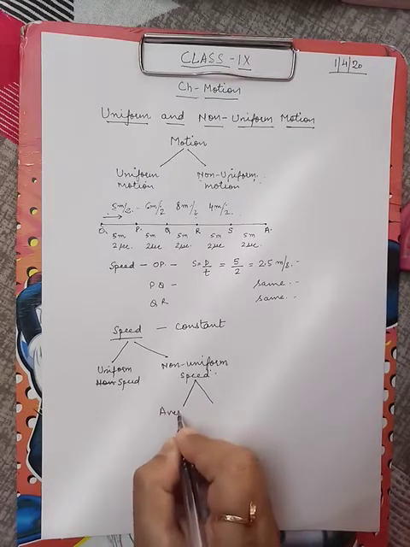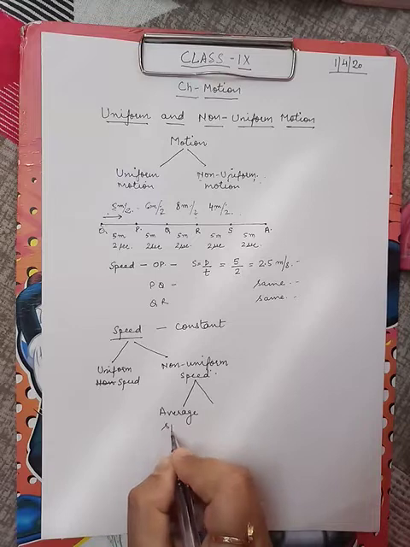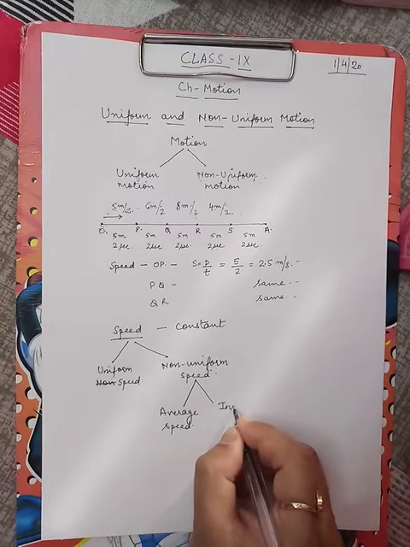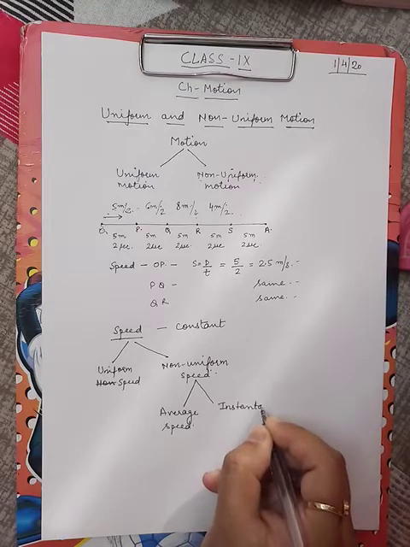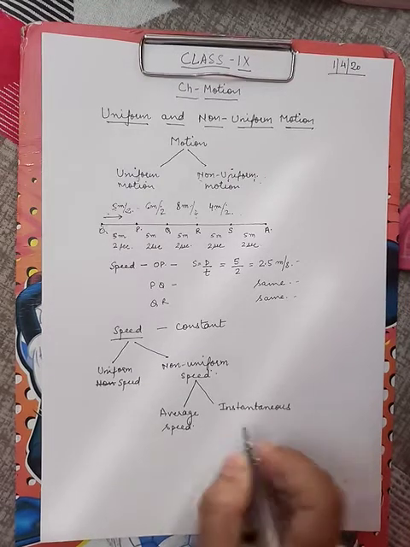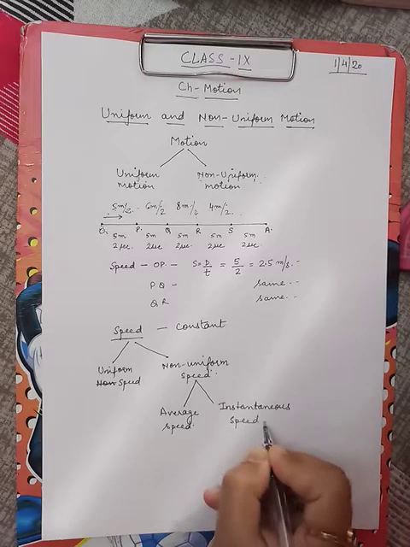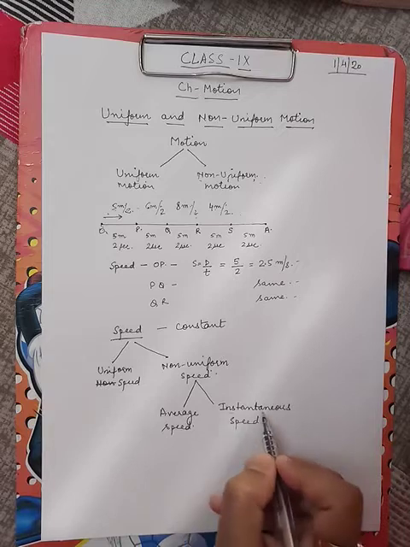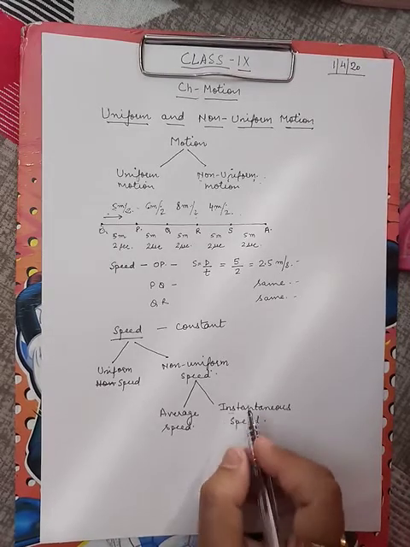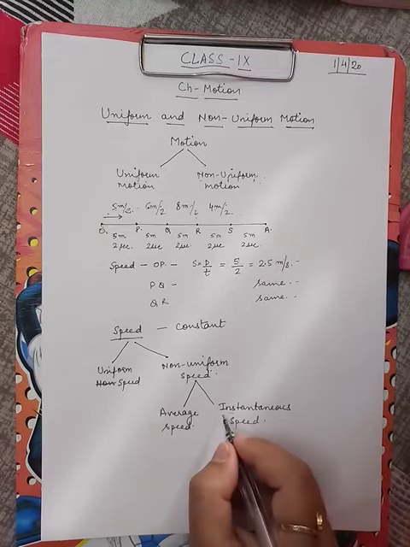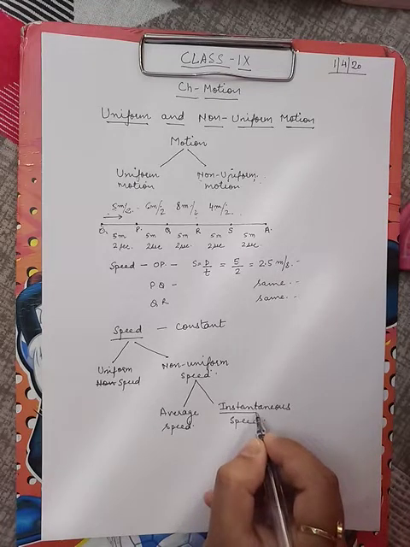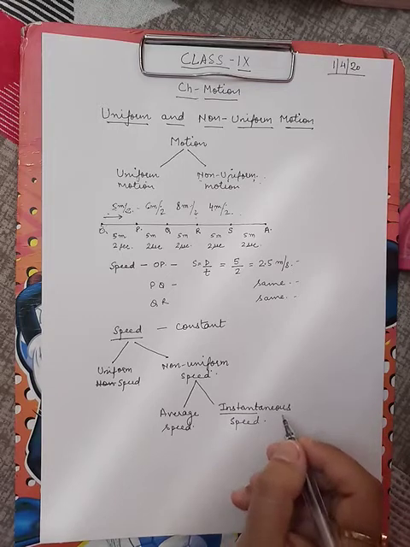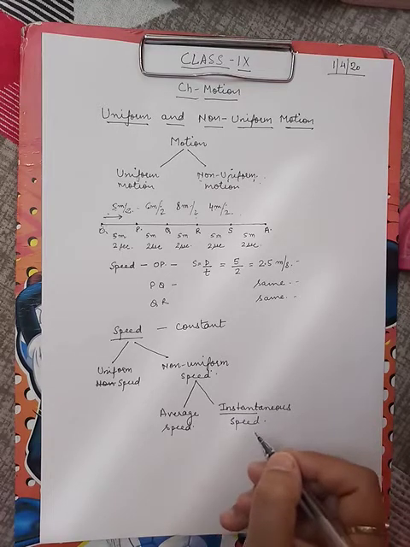One is average speed that we have to learn, and another kind of speed is instantaneous speed. Instantaneous speed, what does it mean? This word comes from the word instant. Instant means at a particular time, right? So instantaneous speed means the speed at a particular time.